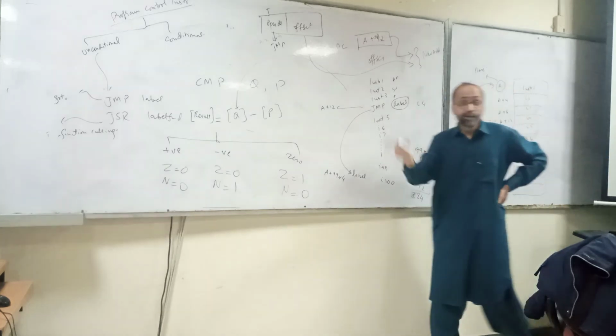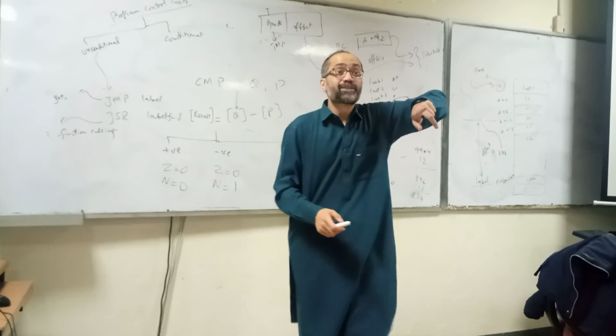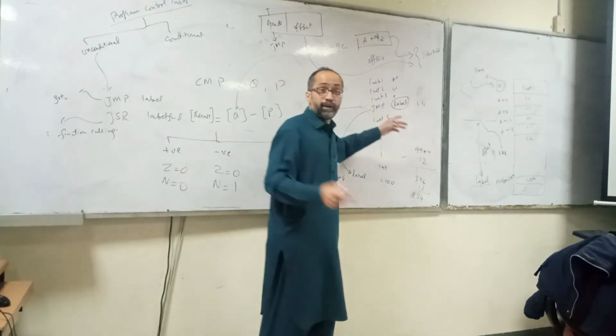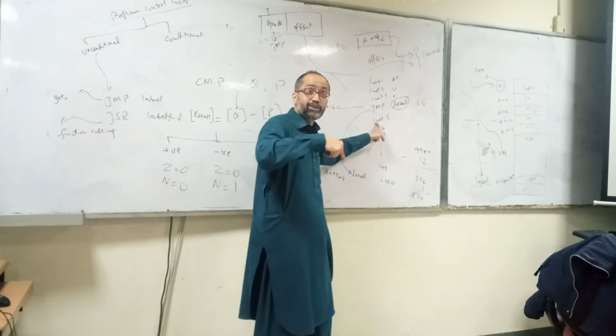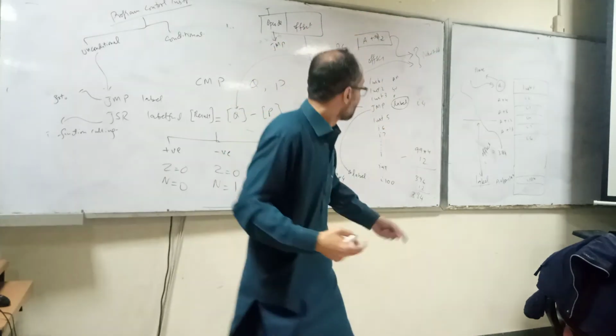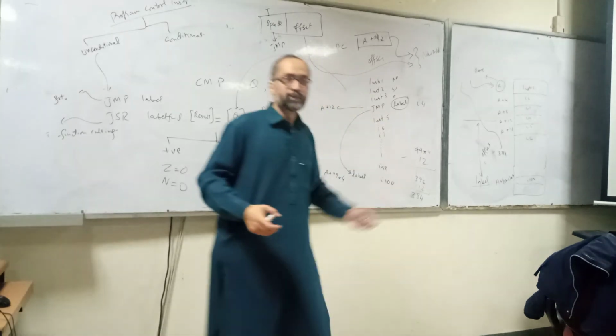Now if it is a subroutine instruction, before jumping, the address of this instruction is moved to the stack. And when you encounter a return instruction, this will be resumed.